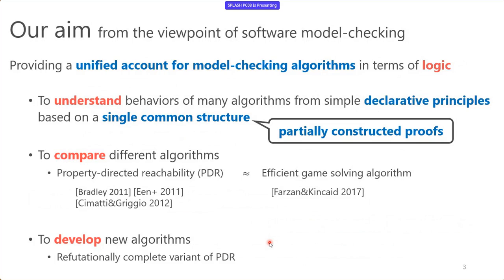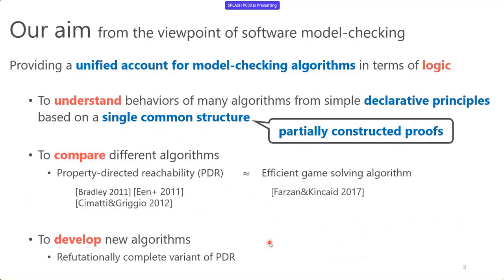This allows us to understand the behaviors of many algorithms from simple declarative principles based on a single common structure, that is, partially constructed proofs. The connection is also useful to compare different algorithms.